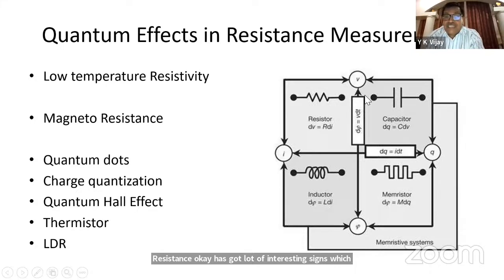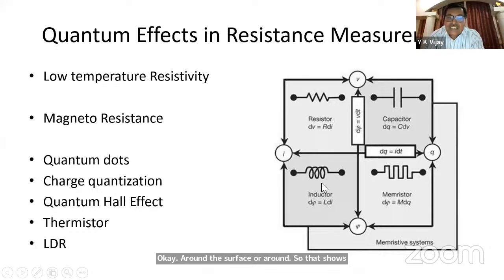All right, I can summarize the current, voltage, charge, and the magnetic flux through such an illustrative diagram. The resistance comes only with the current and the voltage. And the capacitor comes because of the charge and the distribution of charges around the surface. So that shows the capacitance.